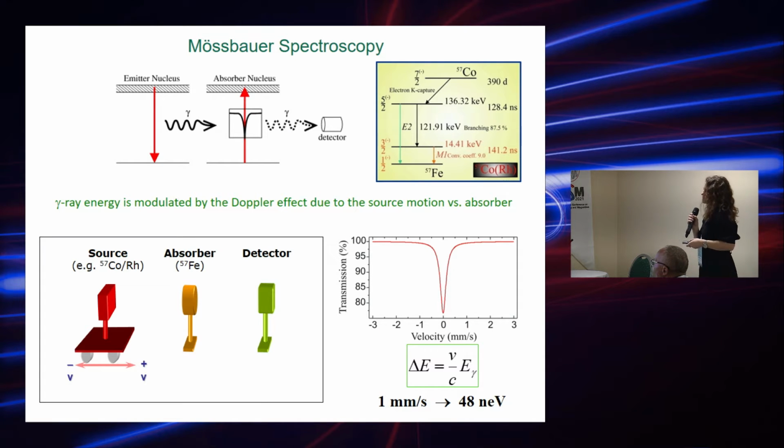Mössbauer spectroscopy is our main method. Here is some basic information. We have a source emitting a very narrow single gamma ray, and we absorb this and detect the passing photons.